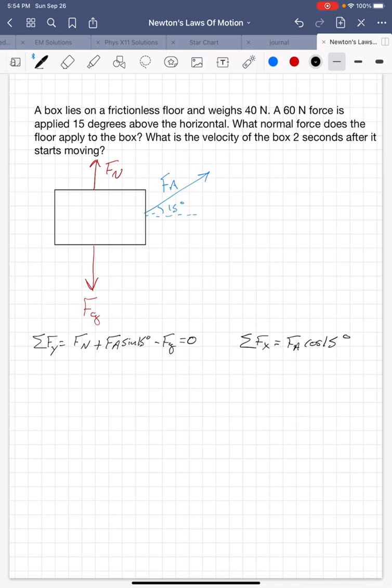The first part asks me to find the normal force, so to do that, I'm going to subtract Fa sine 15 degrees from both sides, and add Fg.